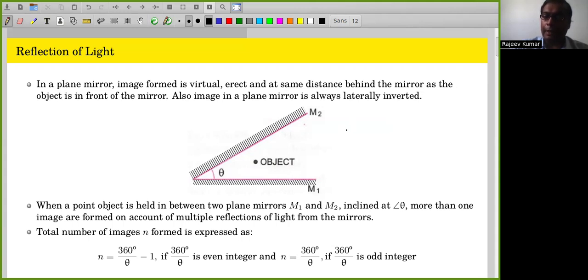If 360 by theta is an even integer, then the number of images is 360 by theta minus 1. However, if 360 by theta is an odd integer, then the number of images will be 360 by theta only.